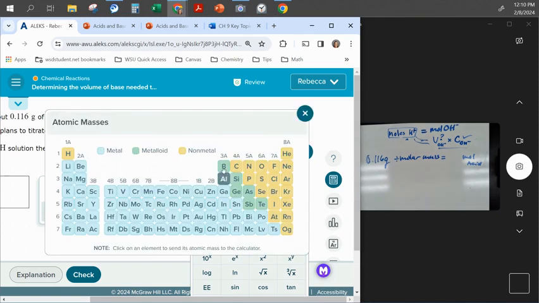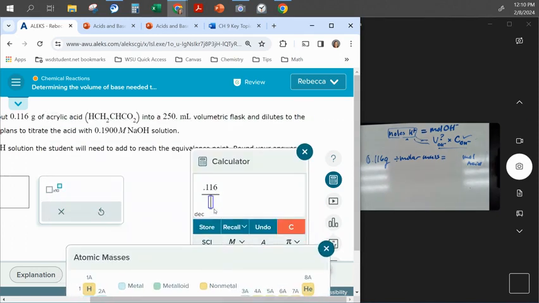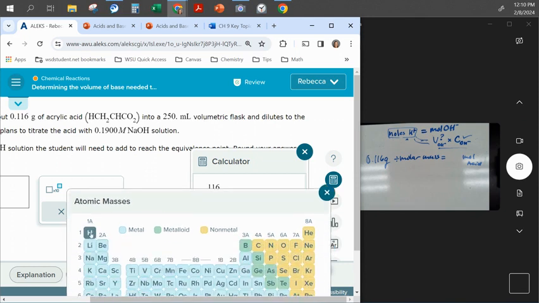So let's see, we've got 4 hydrogens, 4 times hydrogen, plus 3 carbons: 1, 2, 3 carbons, 4 hydrogens, and 2 oxygens.